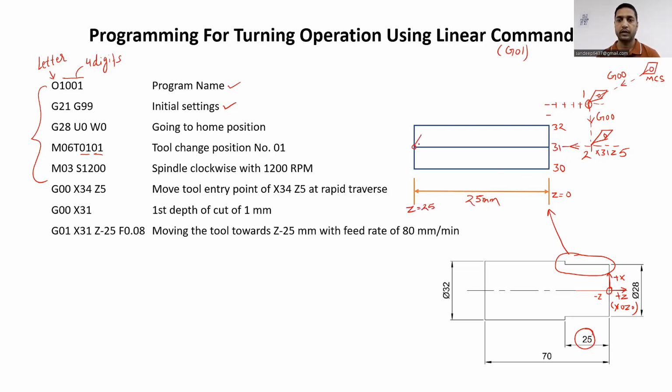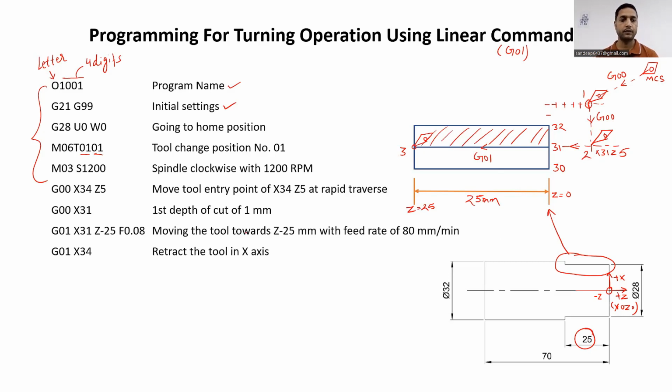So now the tool will be at this particular location, and we are moving with G01 code from point 2 to point 3. So here now we are removing this material. So we are giving the first depth of cut now, and the material is getting removed from the workpiece with 1 mm depth of cut.